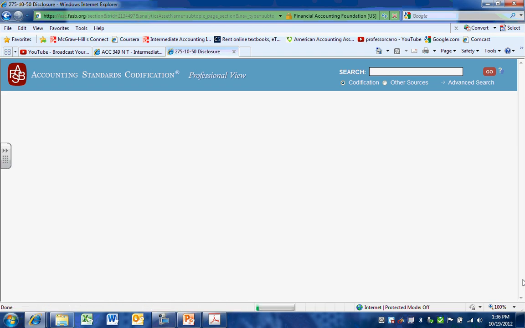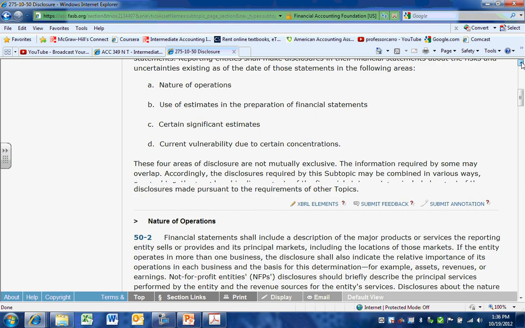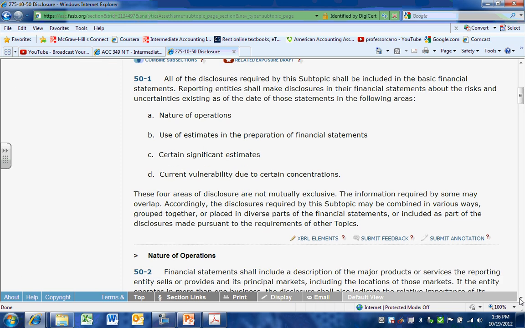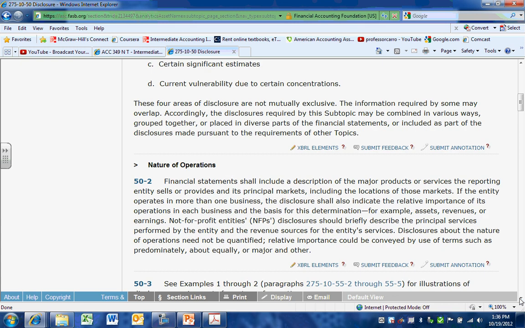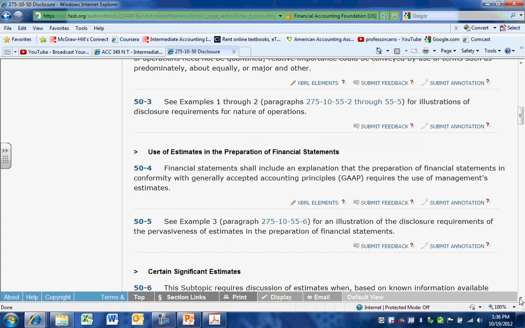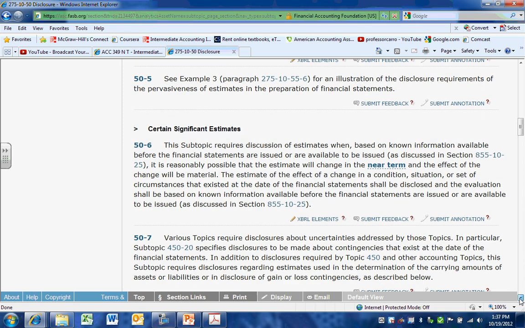It lays out for us the things that are required, such as the nature of the operation, the use of estimates in the preparation of financial statements, vulnerabilities due to current newsworthy events, and they give examples of the types of disclosures that are required.